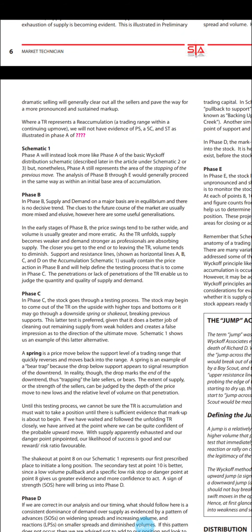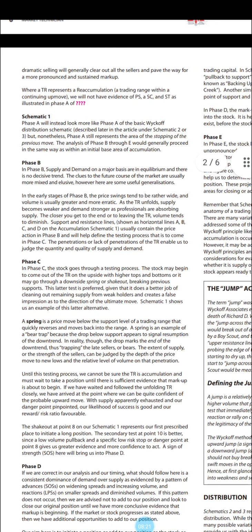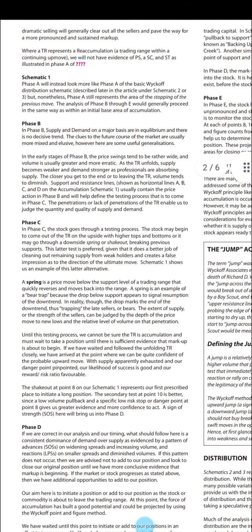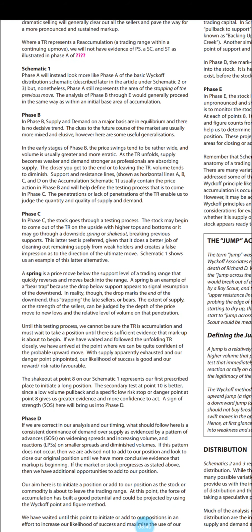Support and resistance lines shown as horizontal lines A, B, C, and D. The accumulation schematic 1 usually contains the price action in Phase B and helps define the testing process that is to come in Phase C. The penetrations or lack of penetrations of the trading range enable us to judge the quantity and quality of supply and demand. In Phase C, stock goes through a testing process.